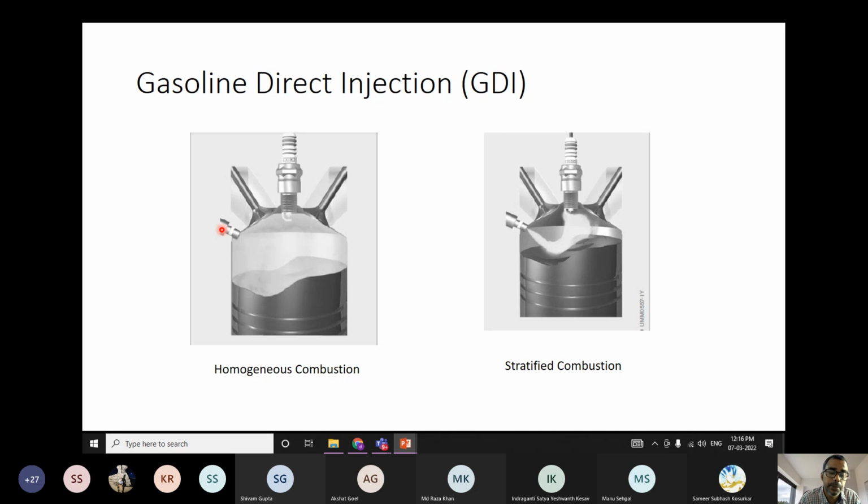That is true for the PFI mode. But in the GDI mode, fuel injection timing is a very critical parameter. So now one more parameter is added to optimize: fuel injection timing as well as fuel injection quantity. Let us suppose it is a stoichiometric mixture.